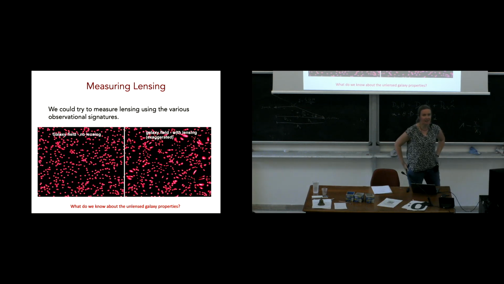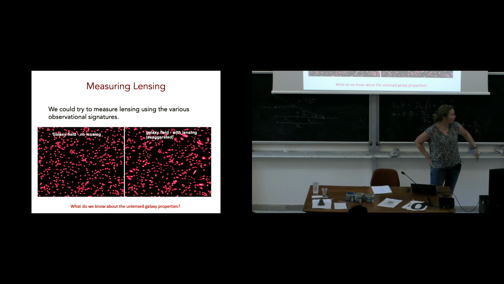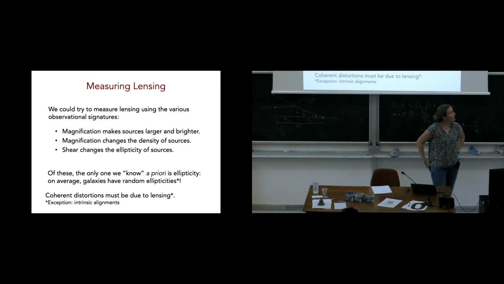Now, to actually do precision cosmology with this, of course, we need to have some basic understanding of the unlensed galaxy properties. While we could try to measure lensing using any of the observational signatures, shear is the most prominent one because we know a priori that the intrinsic shape of a galaxy, if we write it as a spin 2 field, averages out to 0.